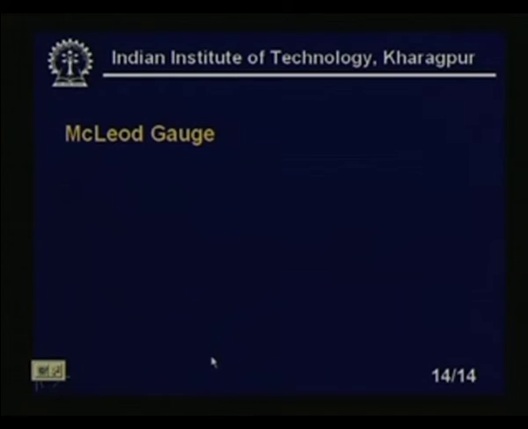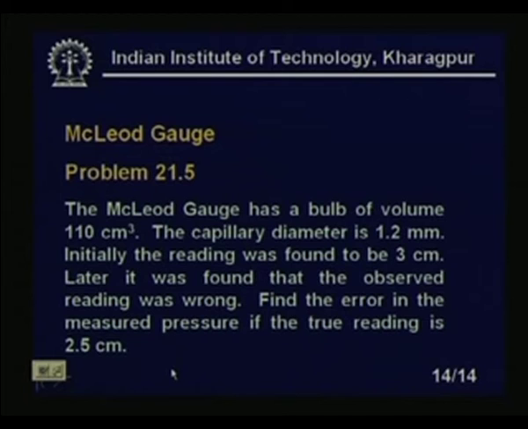This is the problem on the McLeod gauge, problem 21.5. The McLeod gauge has a bulb of volume; you must refer to the video lectures on low pressure measurements or the McLeod gauge. The McLeod gauge has a bulb volume of 110 centimeter cube.